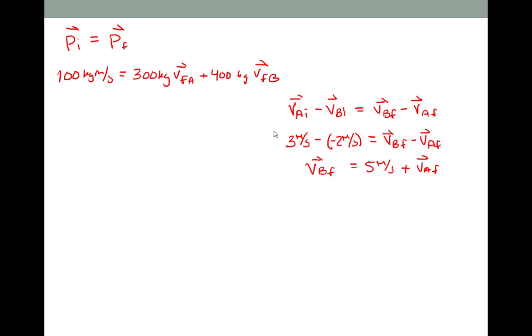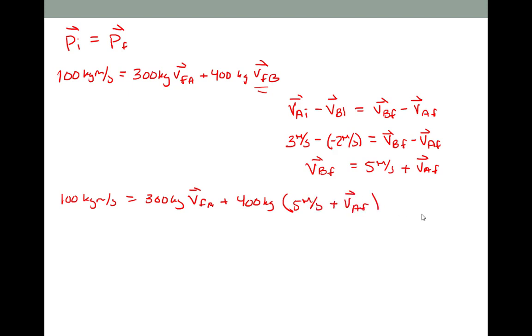And I can plug this into my momentum equation. So I have 100 kilogram meters per second equals 300 kilograms times V final A plus 400 kilograms times (5 meters per second plus VA final).